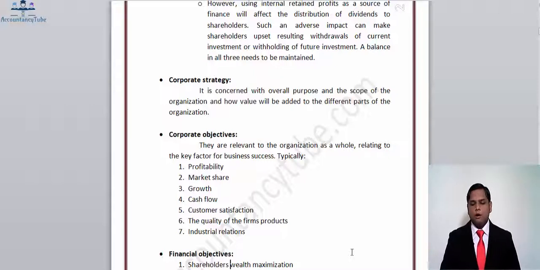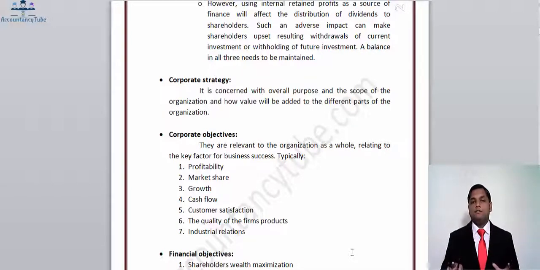Corporate strategy deals with the overall purpose, the reason why the company exists, and the scope, the limitation within which it operates, and what the plans are, what things it will be conducting to generate those values which will meet its purpose and scope.